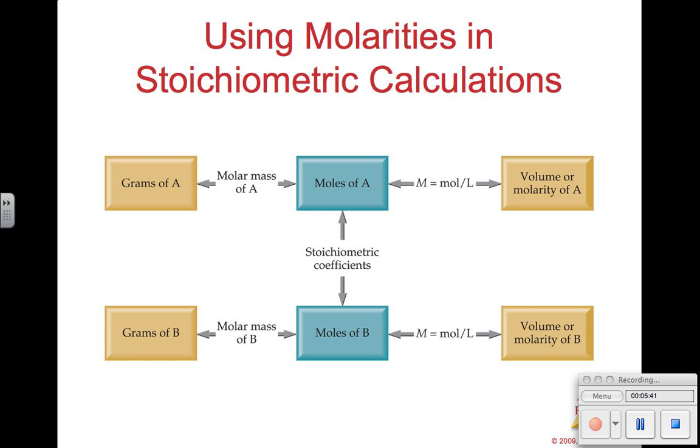Or we reverse it if we want to know what volume of the solution we need. It's just another system of taking a laboratory measurement like concentration, molarity, and manipulating it to figure out how much stuff is there, which is working with moles.